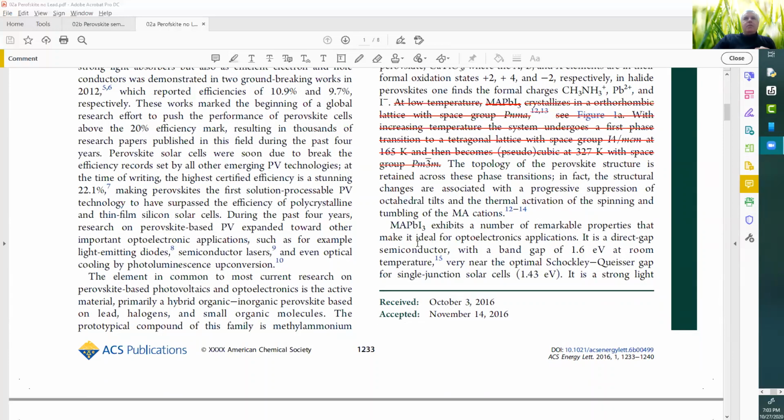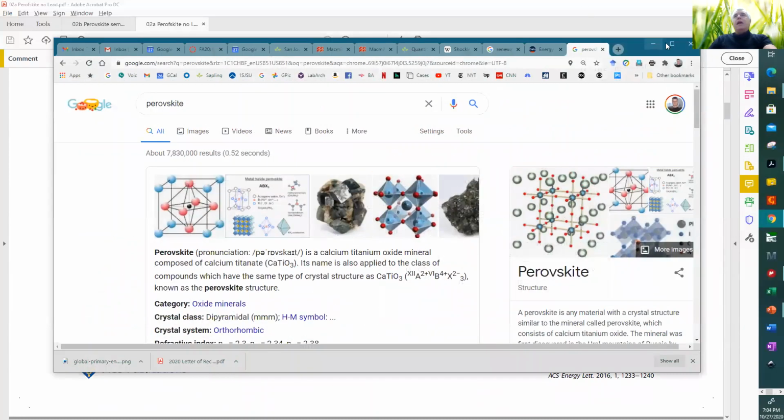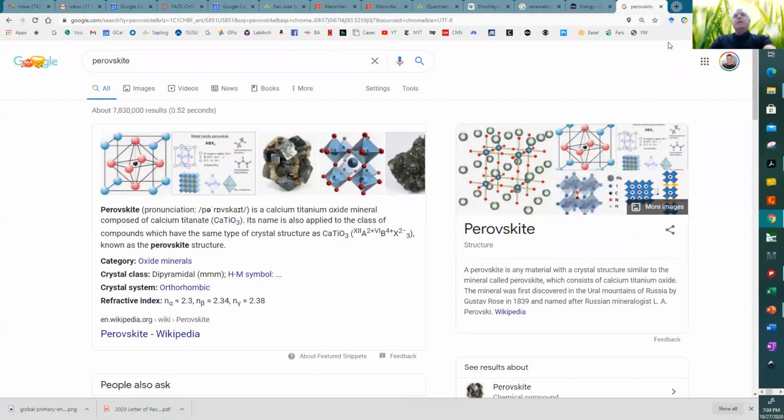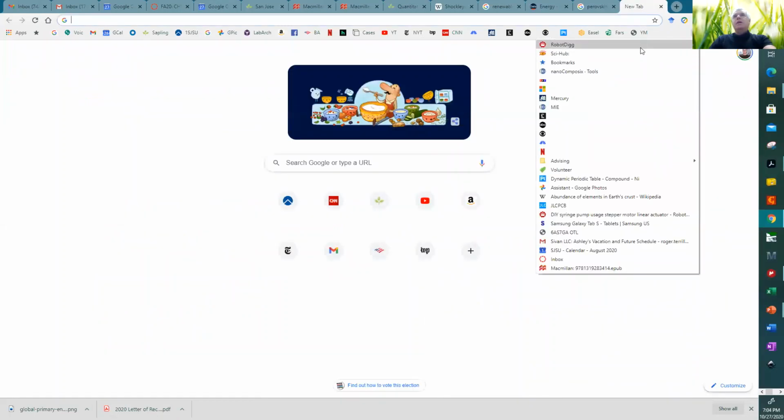But it's actually pretty difficult. And if you look, for example, at, let's see here, where's my periodic table?